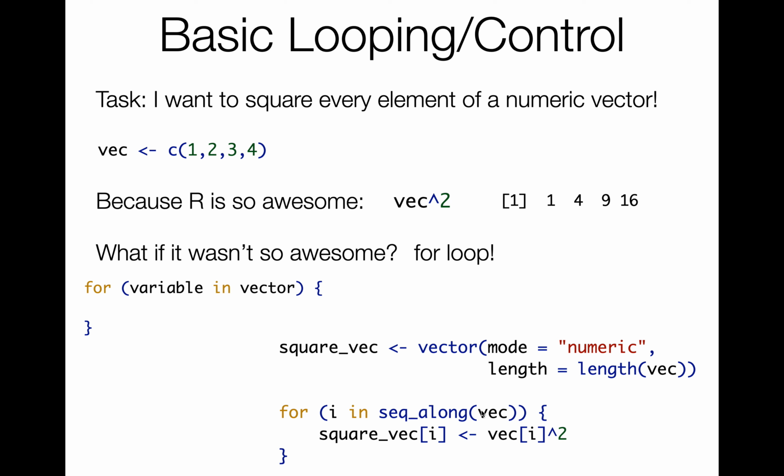So when you run seq_along vec, it would give you an integer vector 1, 2, 3, 4, and it would go on. It deals with the weird cases that might come up well, so it's often nice to use seq_along there. Then inside, I just loop over. I say square vec of i is equal to the original vector's i-th element squared. So I think it's a fairly simple for loop. Hopefully you can remember, but that's how R does for loops.